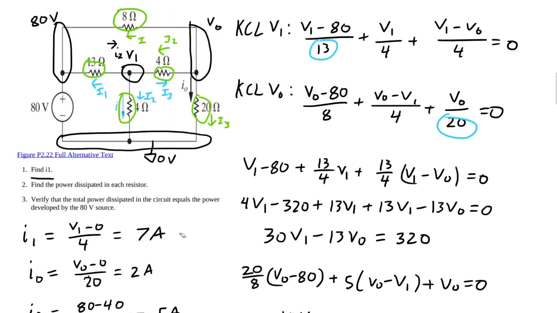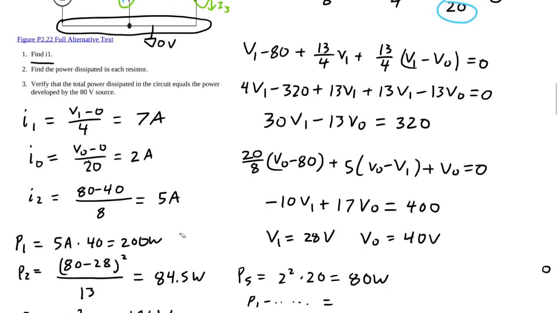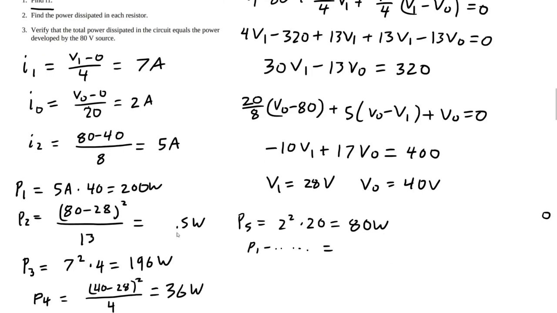So 80 minus 28 divided by 13 is 4, 4 times 13, 52. I made a mistake. I had a feeling they'd all be whole numbers, and I was right. Just pays to double check your calculations sometimes.